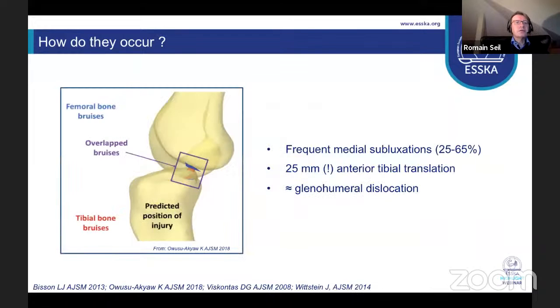Now, how did they occur? That's something we still don't know to 100%, but there are signs which go in the direction that it could be linked with a medial subluxation, like you have in the shoulder, like in the glenohumeral dislocation, where the femoral condyle goes over the posterior corner of the tibial plateau. And there are some studies which detected a displacement of up to 25 millimeters at the moment of the injury.